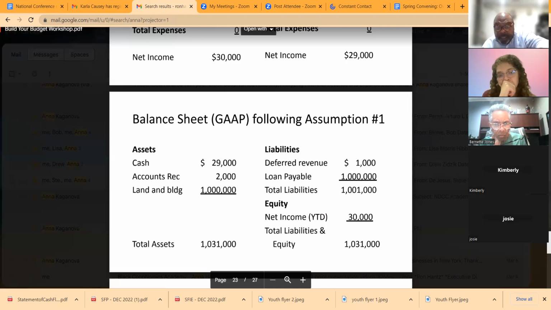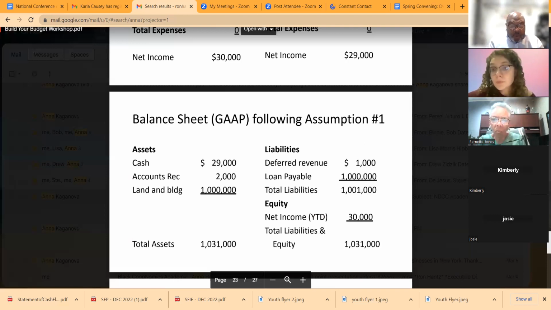For equity, the net income is $30,000 because it's adding the $30,000 regardless of collecting. You add the deferred revenue to the net income and come up with $1,031,000.